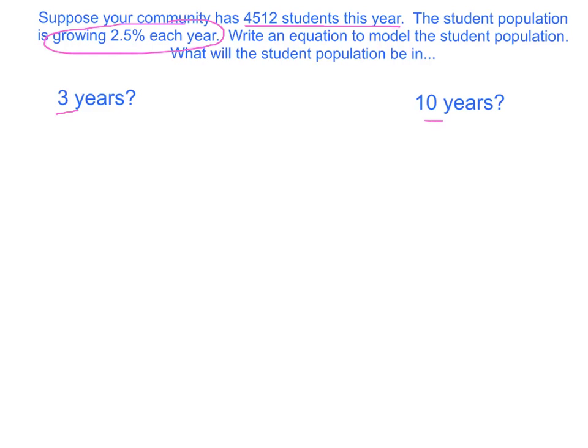So first we need to write the equation. y equals a times b to the power of x, and we need to figure out what numbers go in for a and for b. Well, a is the starting amount, so how many students did we start with? 4,512.